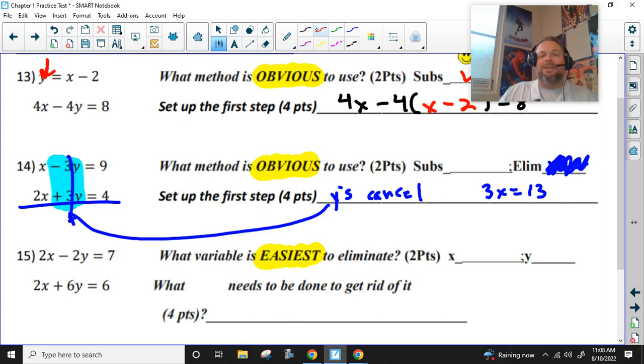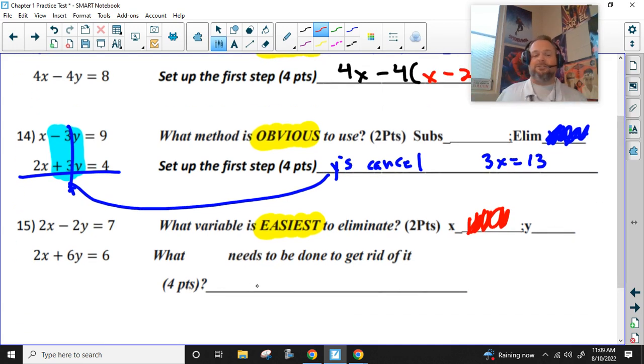All right. Now, again, we're thinking obvious, easiest. WWJD, what would Jeffries do? The easiest to eliminate is actually going to be the X. What needs to be done to get rid of it? Some of y'all asked for help on this. Some people said multiply top by -1.